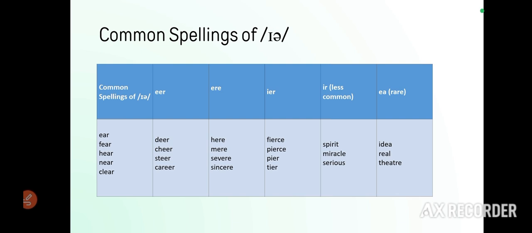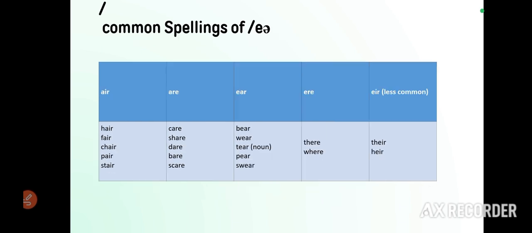It can be spelled as ERE in here, mere, severe, sincere. It can be spelled as IER, as in fears, peers, peer. It can be spelled like IR in spirits, miracle, serious.